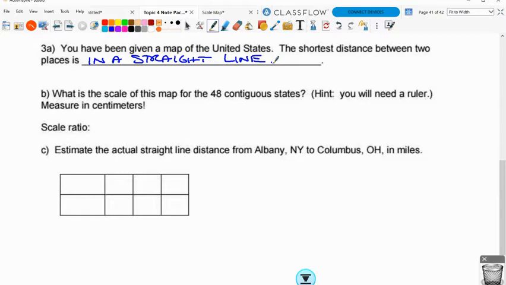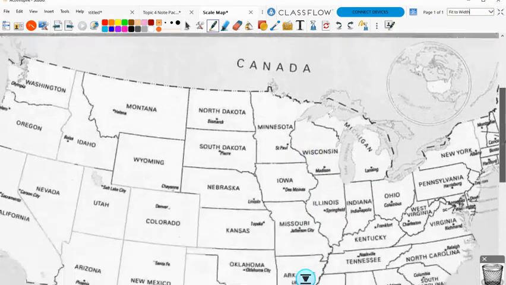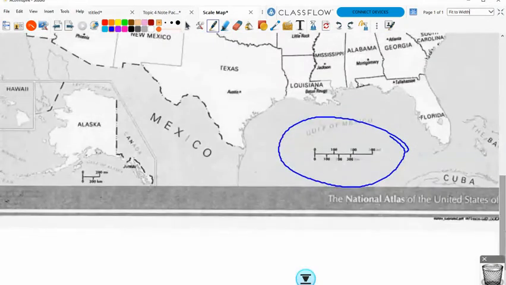Now in part B, before we can figure out what those distances are, we need to know what the scale of the map is. And so what I did, if I take a look at my map here, okay, down here, there's where my scale is. And I'll see if I can blow this up, make it a little bit bigger for us to read. Okay, so down here, the units that they have are centimeters and miles.